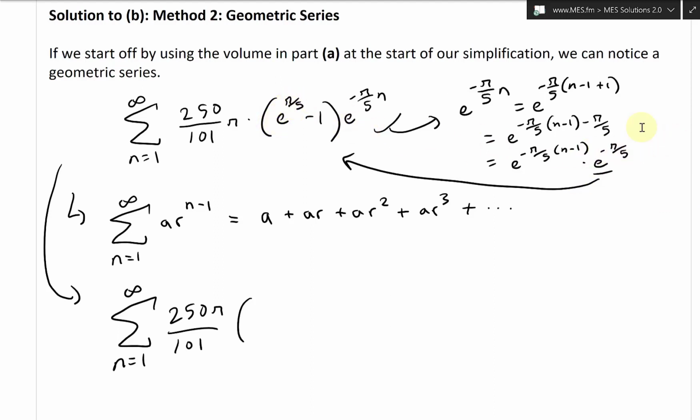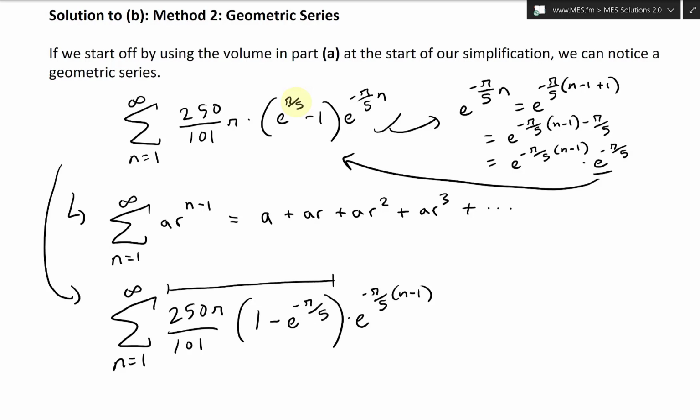Those just add up and they cancel, so we're just left with 1, and then minus e to the negative pi over 5, and then times e to the negative pi over 5 to the n minus 1. So in other words, this is our a, and this is our r, e to the negative pi over 5.